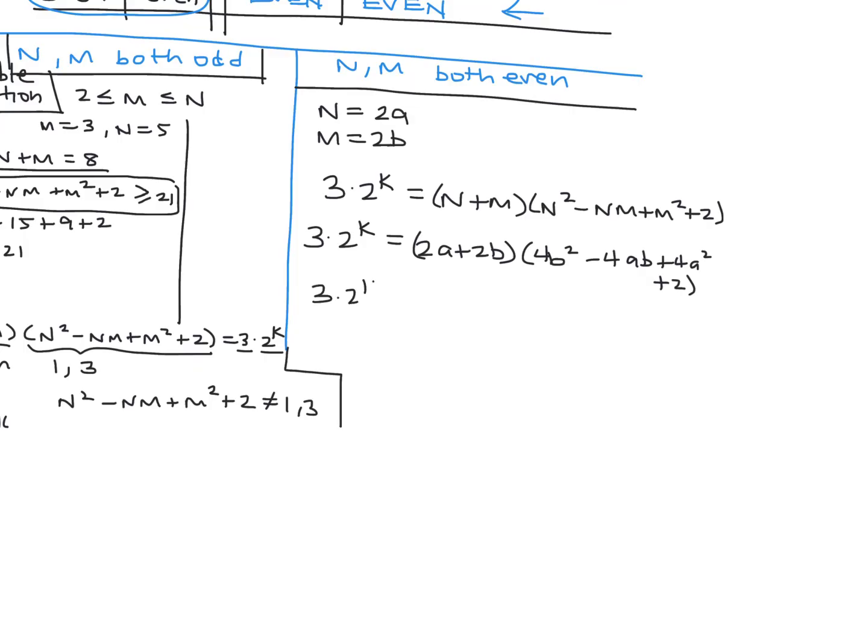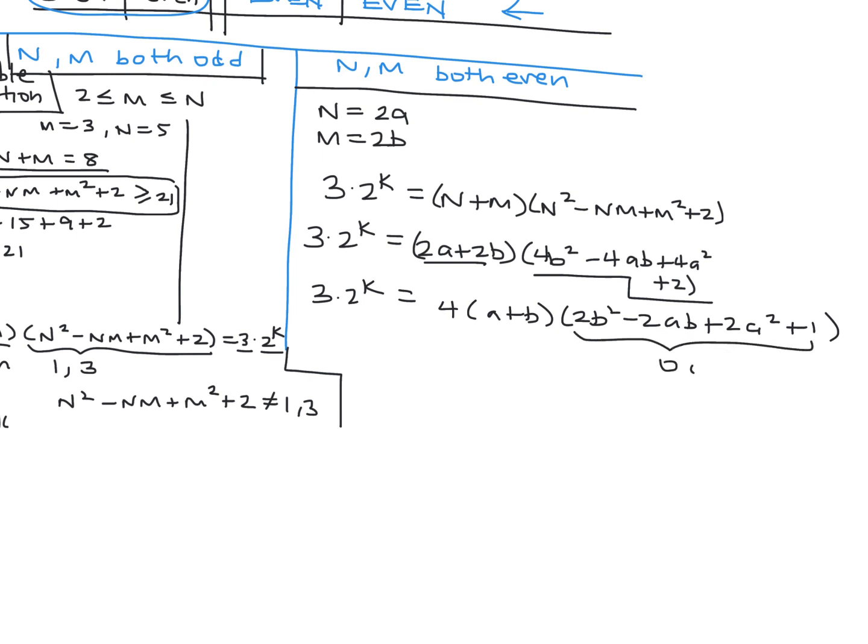3 times 2 to the k. I can factor out a 2 and a 2, 2 from here, 2 from there, and that would therefore be 4 times (a plus b) times (2b squared minus 2ab plus 2a squared plus 1). So this looks to me like it's the odd guy because it's a bunch of 2's plus a 1, so it can't be even.